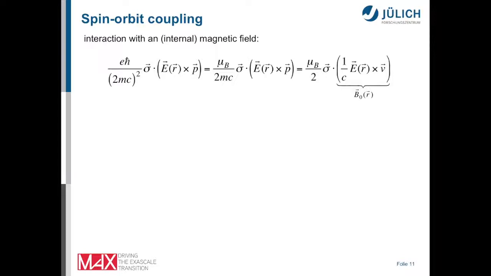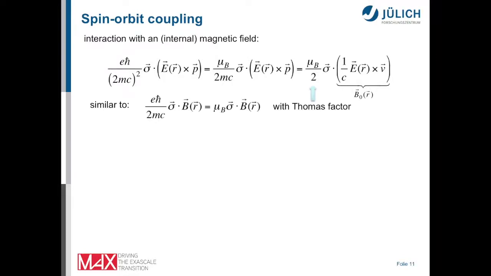You have the spin, you have an electric field cross product with the momentum operator here, and you can rewrite this a little bit, and then you see the spin couples to E cross v, which is nothing else than a magnetic field, because if you move in an electric field, then you see this as a magnetic field, and to this magnetic field the spin couples here, and all the other prefactors are contained now in the Bohr magneton that you have also seen already in the previous talk.